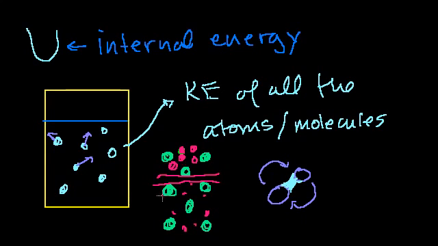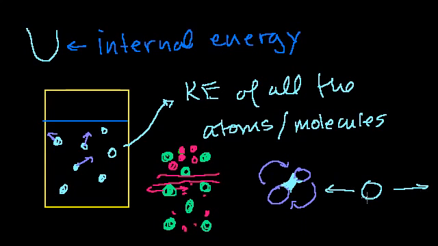It also includes literally every form of energy that exists here. It also includes, for example, in a metal, if we were to heat this metal up, they start vibrating, right? They start moving left and right or up or down or in every possible direction. And if you think about an atom that's vibrating, it goes from here, then it goes there, then it goes back and forth, right?